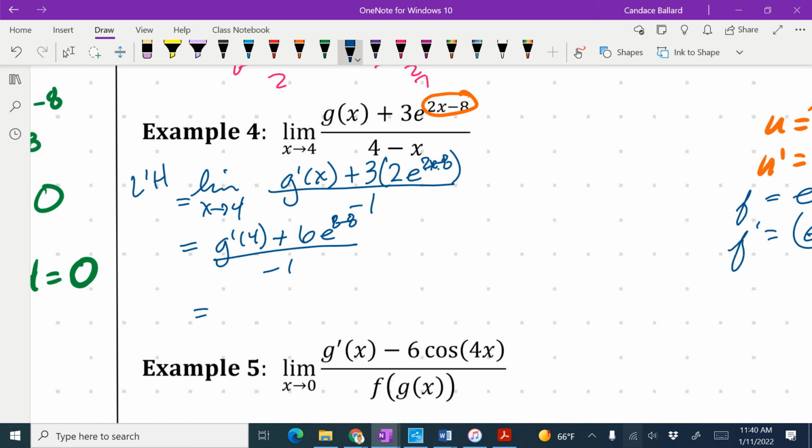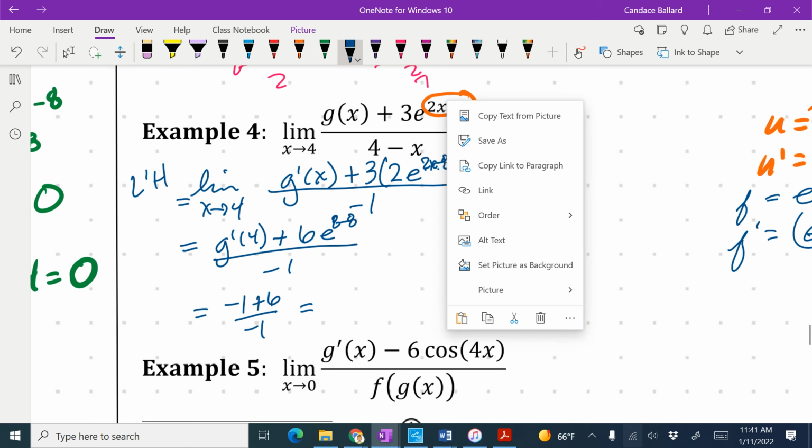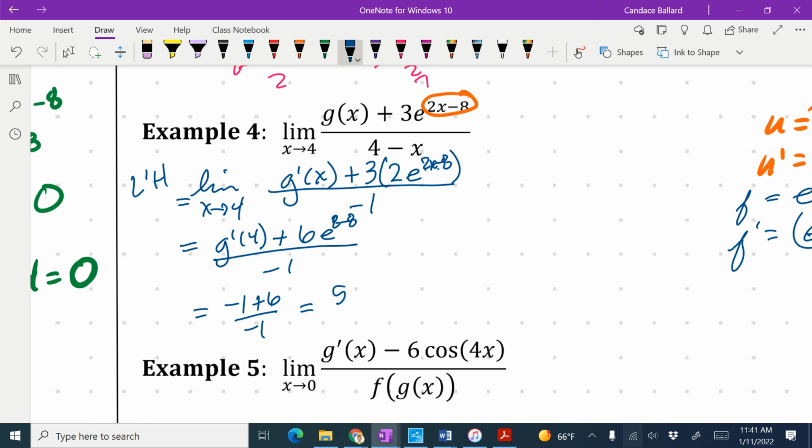All right, go to your table. I'm going to trust your work out of the table. So you guys got to read your own tables today. What's g prime of 4? -1. Okay. And then let's see, e to the 0 power again, because of the 8 minus 8. What's e to the 0? 1. So I just get 6 here. All right, what's -1 plus 6? 5 over -1.